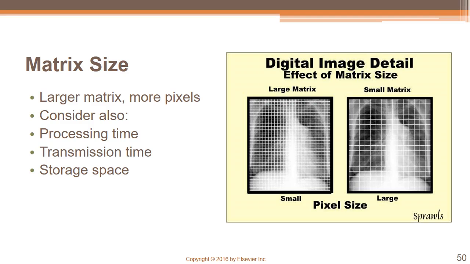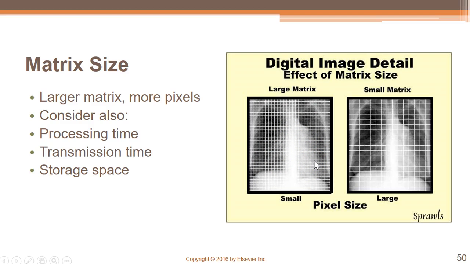So you have to think about this. Here's a large matrix, here's a small matrix, and these are smaller pixels, these are larger pixels. If you don't have the same number, you have more, and the pixel sizes are smaller, and it's going to look better.